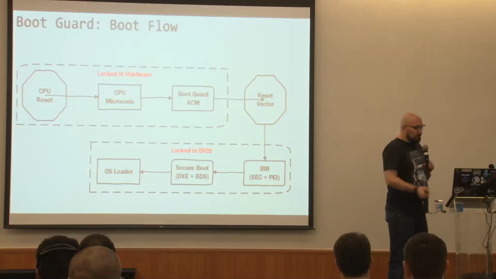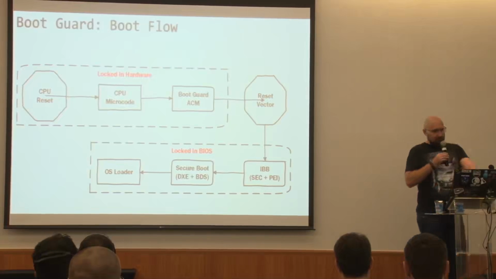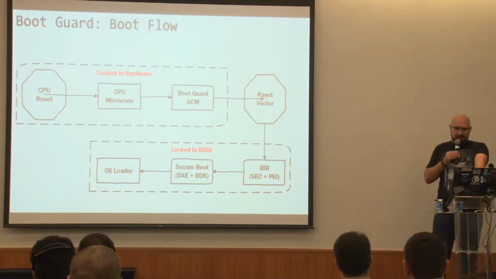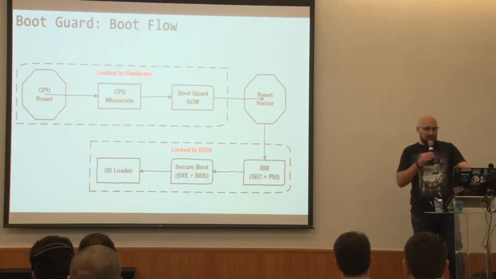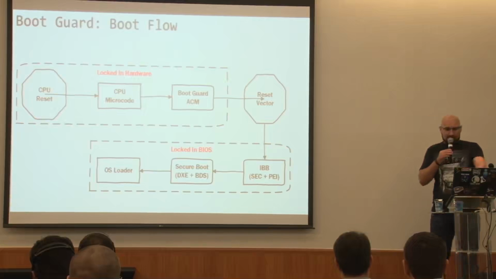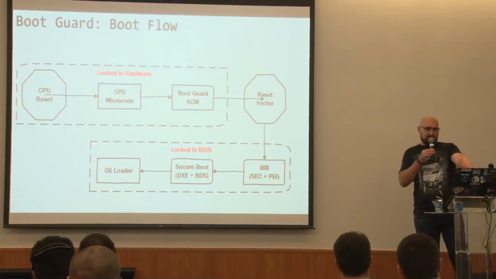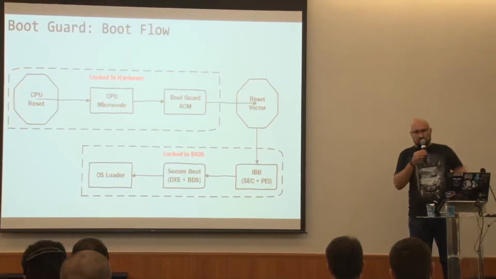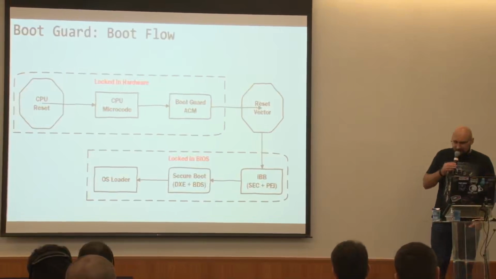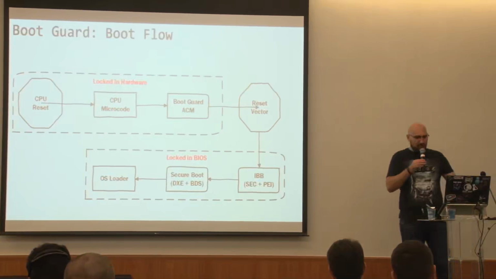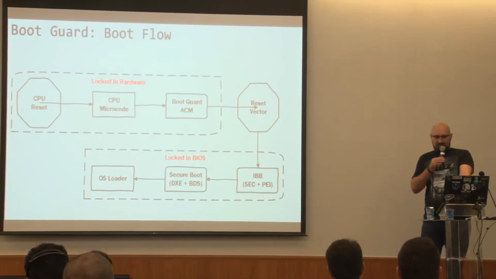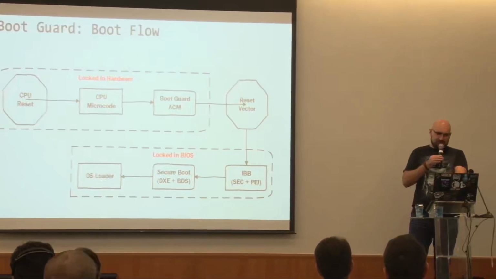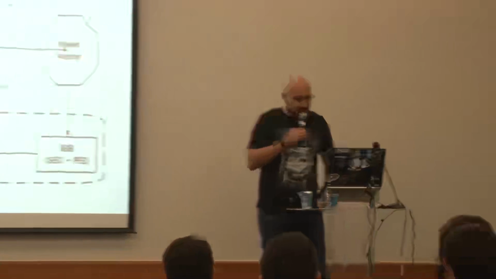And we can see that we do have a microcode, which authenticates the ACM for BootGuard, and only after that, after verification, it passes control to the reset vector, and the reset vector loads the initial boot block, which is the IBB, to check the second phase stage and pass control to secure boot in the DXE phase, which then verifies the OS bootloaders, which makes sense.